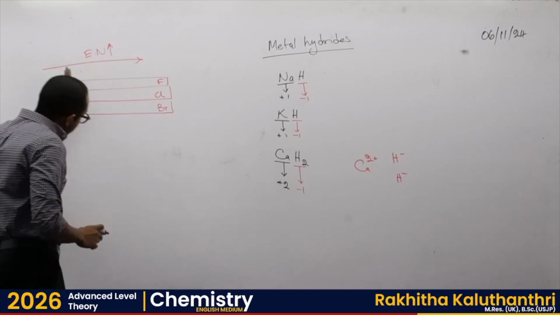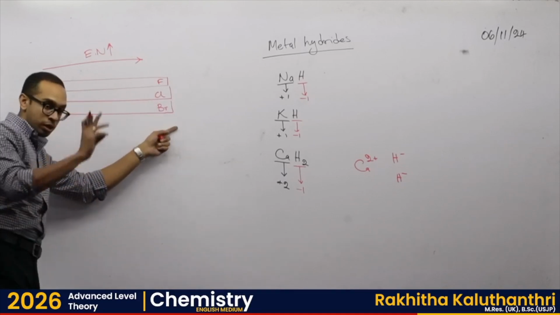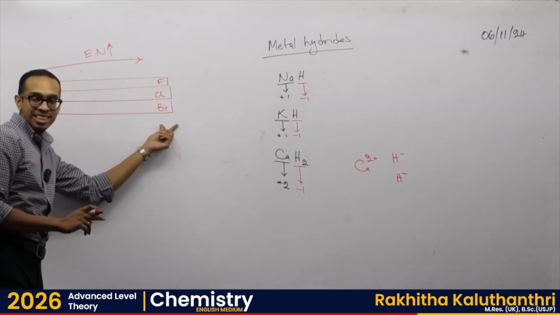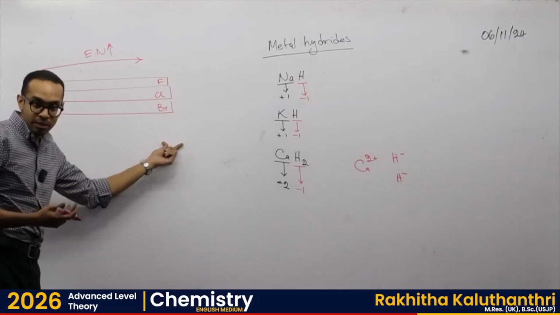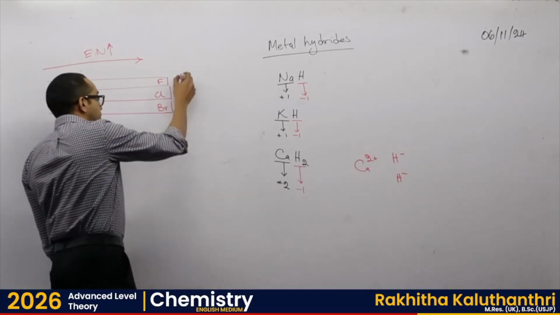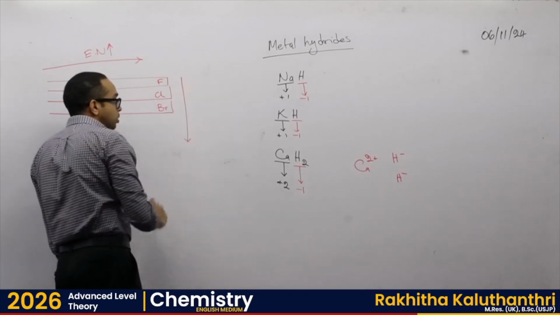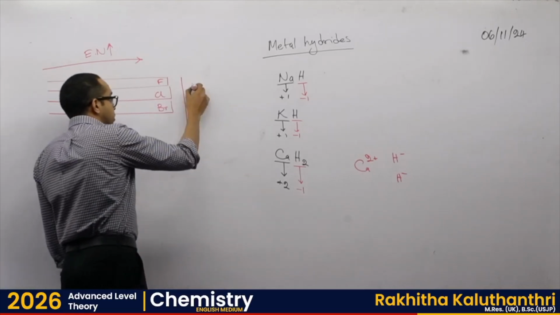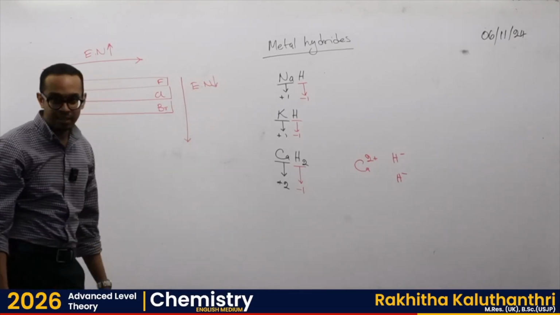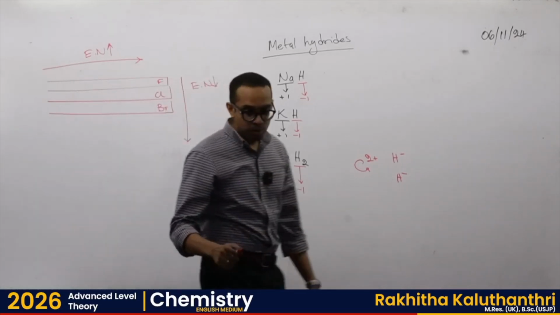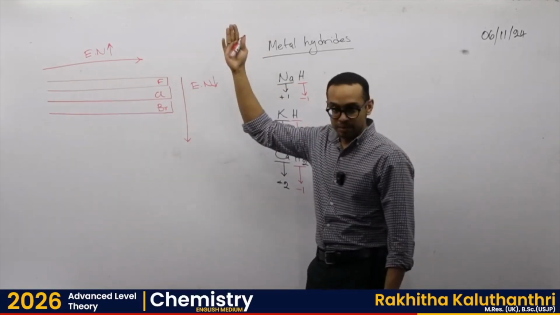So in individual periods, if you take each period separately, the most electronegative element is found in group 17, or the halogens group. Is that clear? But another thing you need to keep in mind is, as you go down the group, the electronegativity decreases. Electronegativity decreases down the group, but when you're going across a period, electronegativity increases.